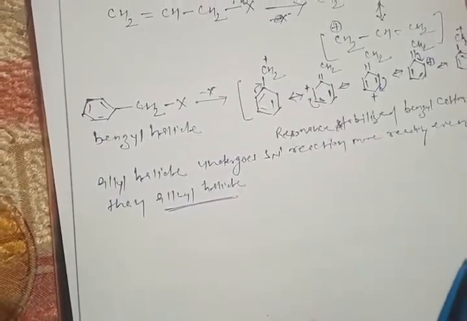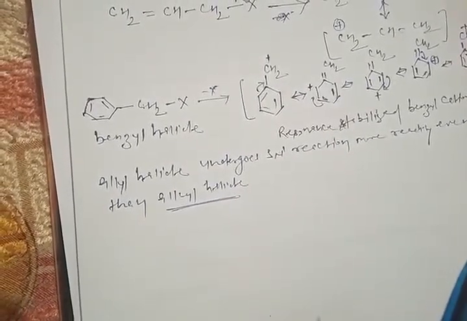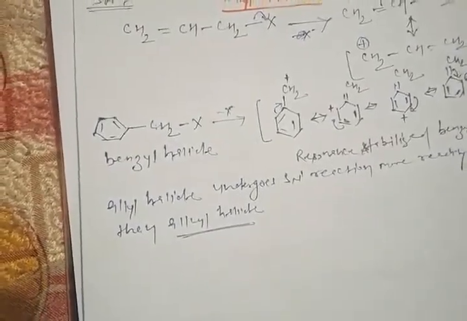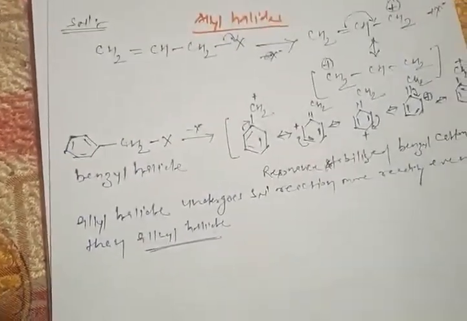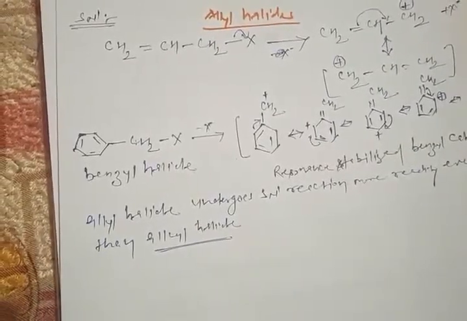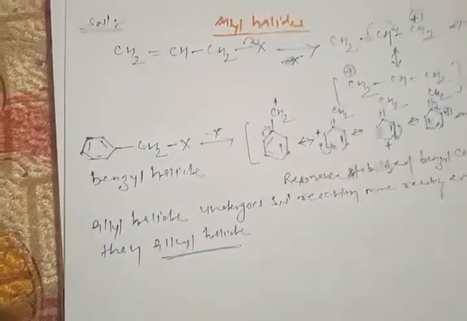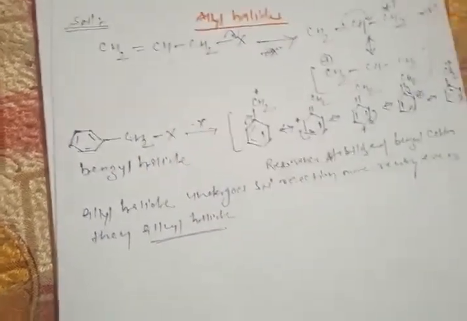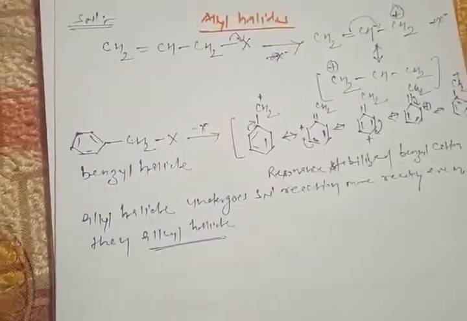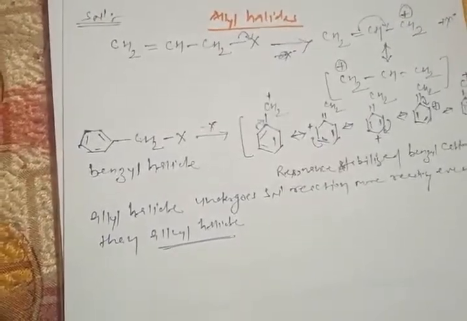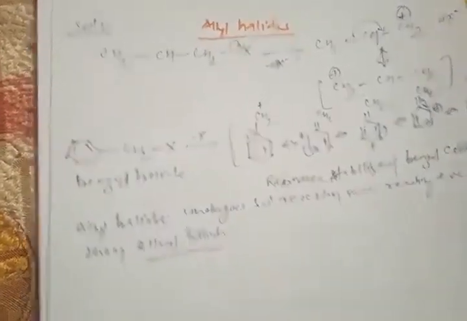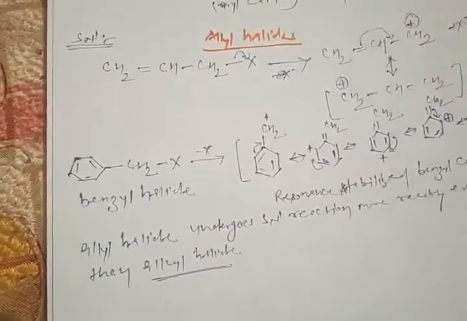So this is about the allyl halide, and alkyl and vinyl we had already discussed. So now we have everything. If you want to write the order, actually writing the order is difficult because it has a different pattern.